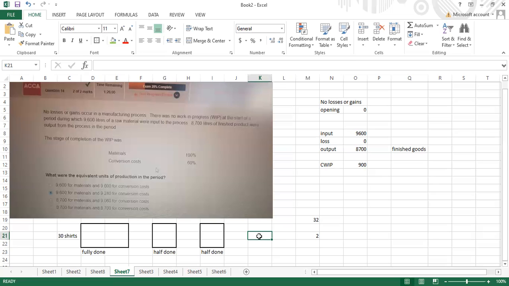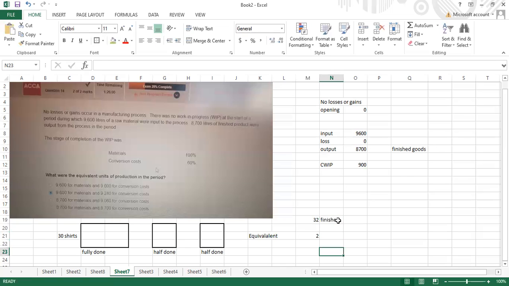So the word equivalent means you can consider one complete unit equivalent. If I ask how many units are complete, you can say the finished ones are 30.